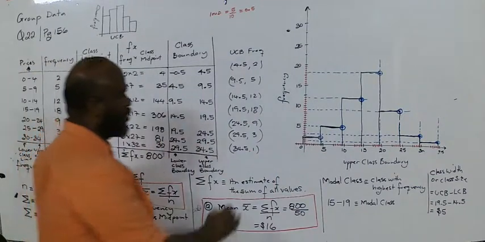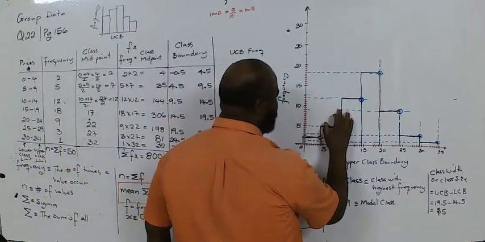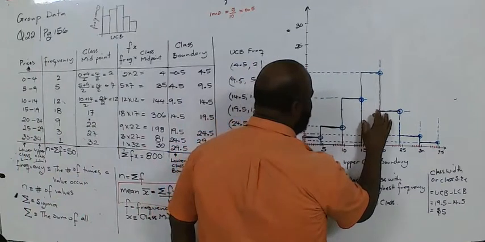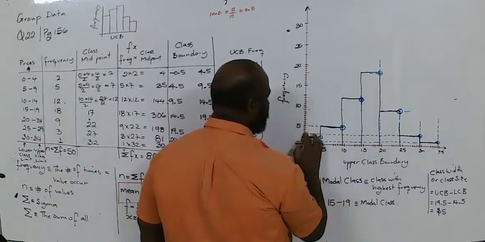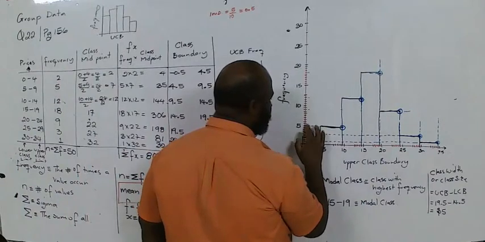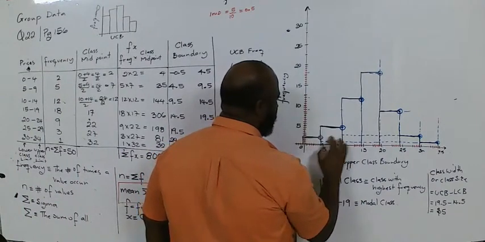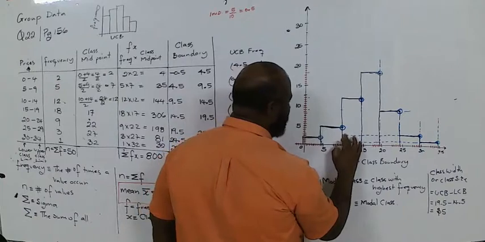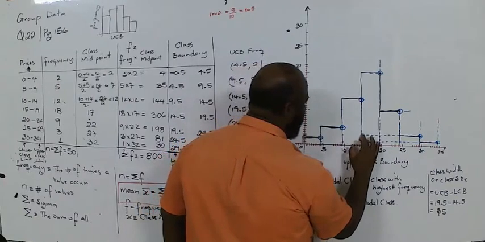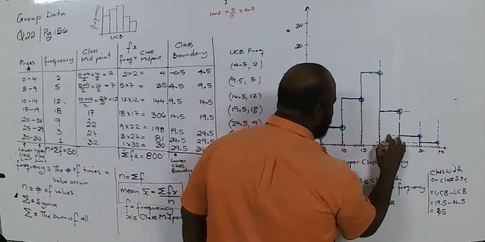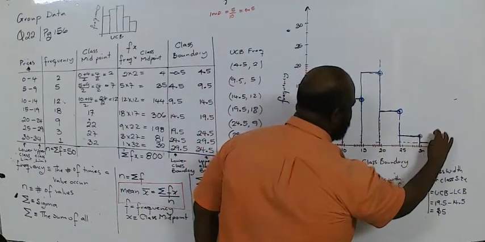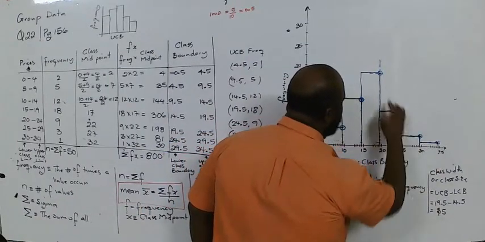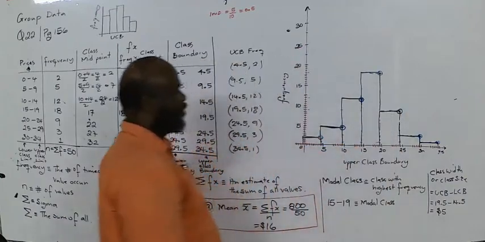If I could erase some of these, just to give you a better picture of it. It starts just before the origin, which is at 0. The histogram looks something like that.